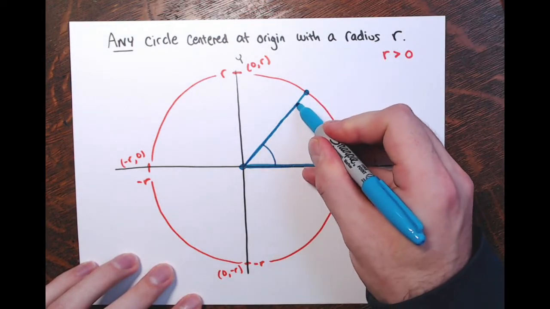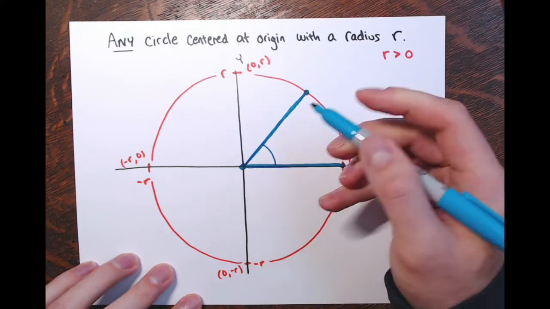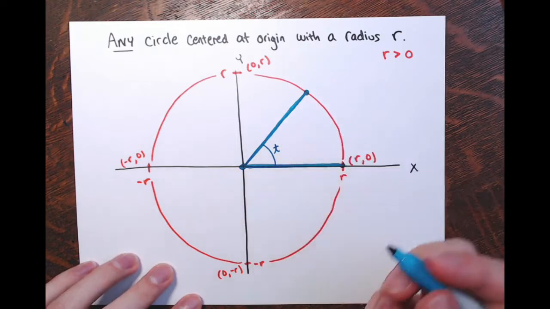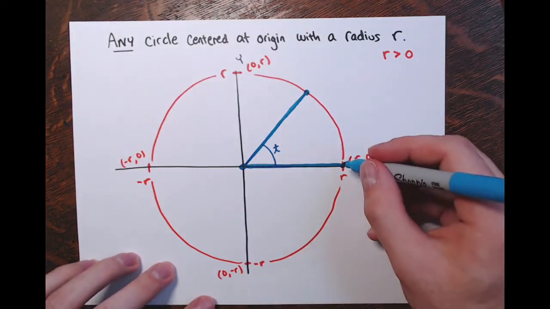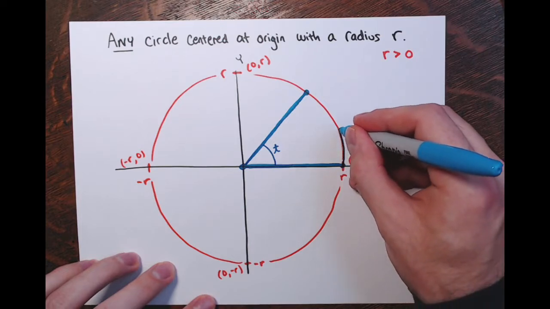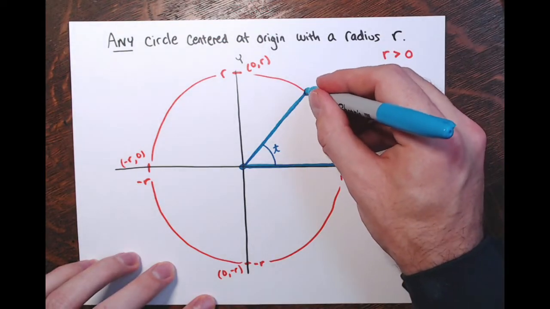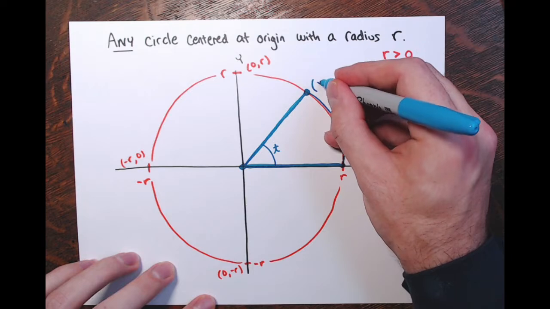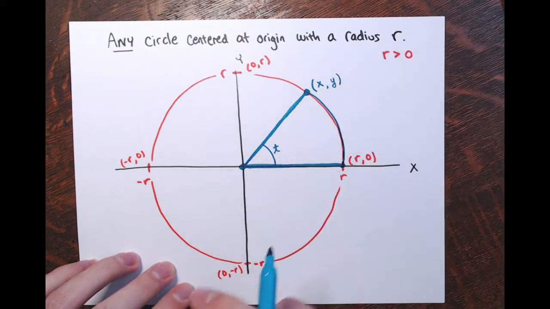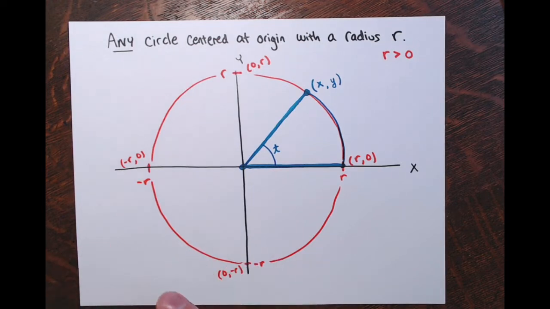So here's where the angle ends, the terminal side. I'll call this angle t, or you can call it theta, or whatever. And if I sweep that angle out from the point r, 0, we have traveled up here to a point with an x-coordinate and a y-coordinate. I'll call these x and y.